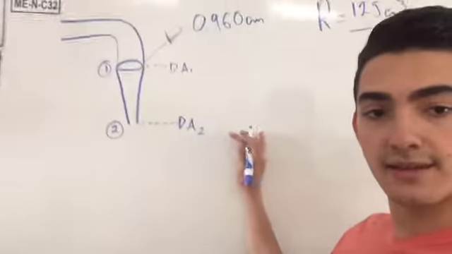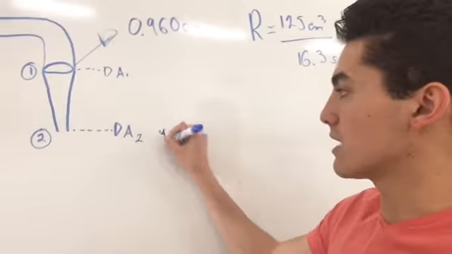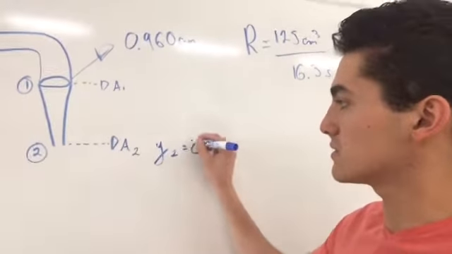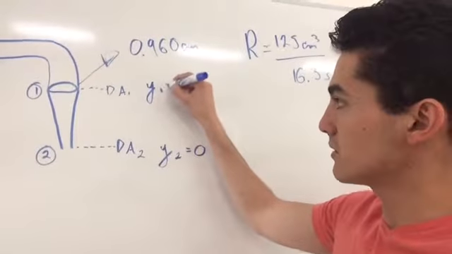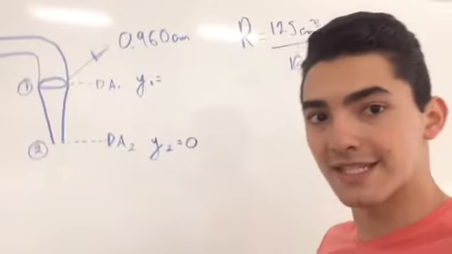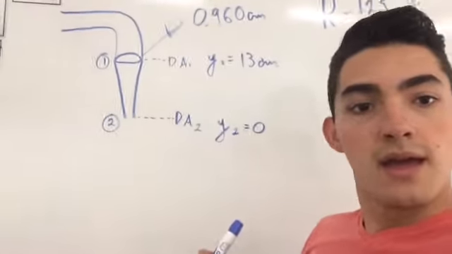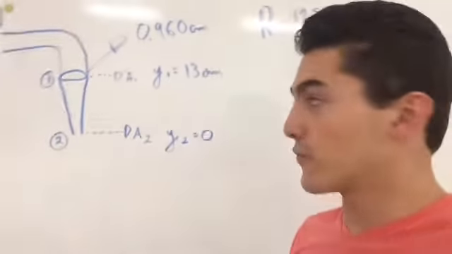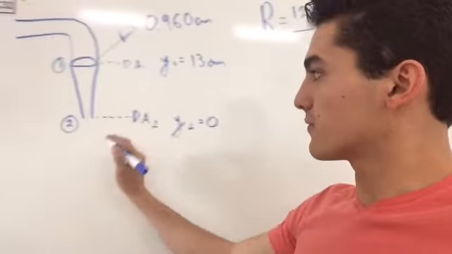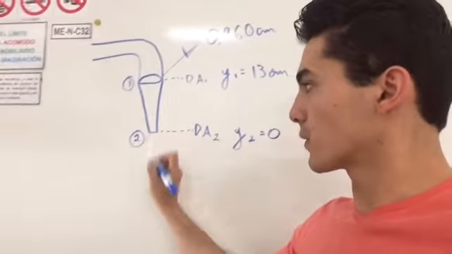So if we take this position as our y2, that equals 0, our y1 will equal 13 centimeters. And so for solving this problem, we have to find the diameter here, okay?